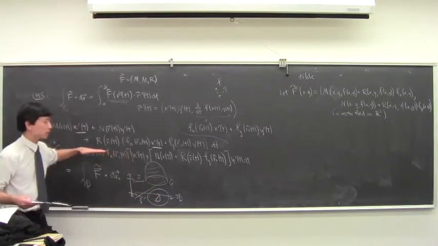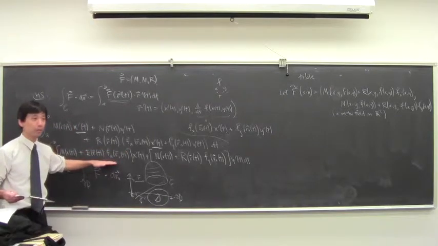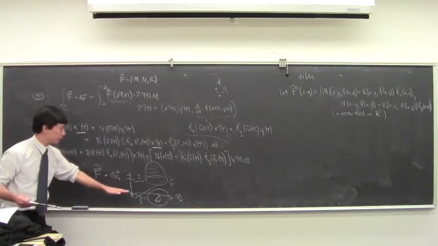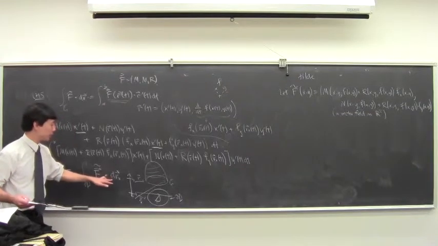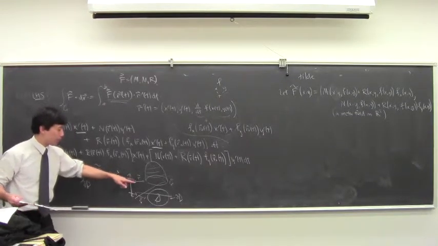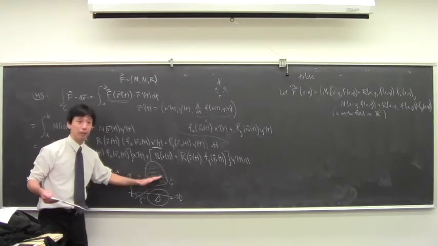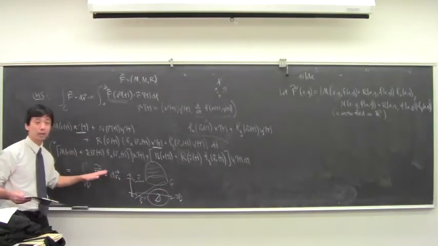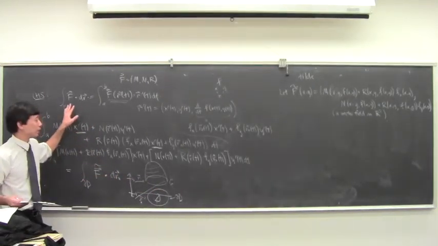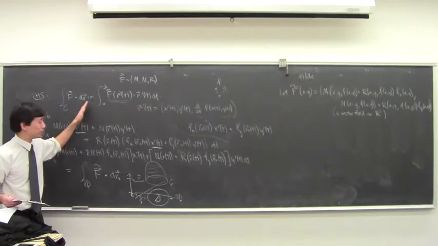Okay, we're just cleverly rewriting it, as the circulation of a field on the boundary of the domain down here. Okay, everyone all right? It's not exciting, but it's effective.